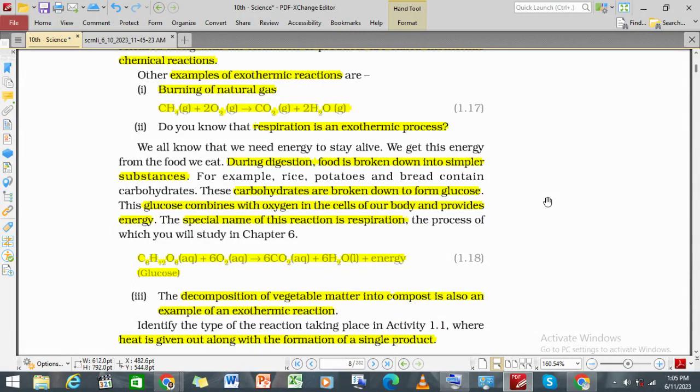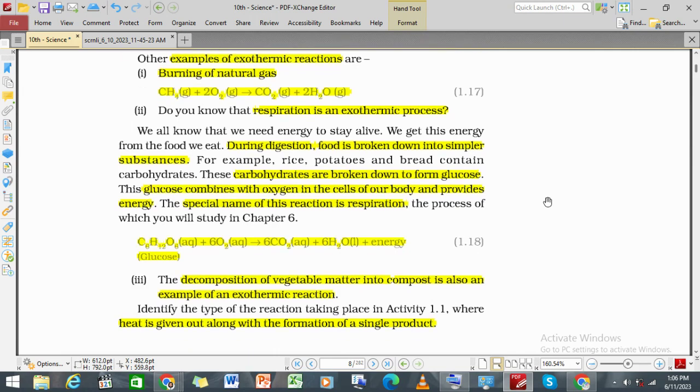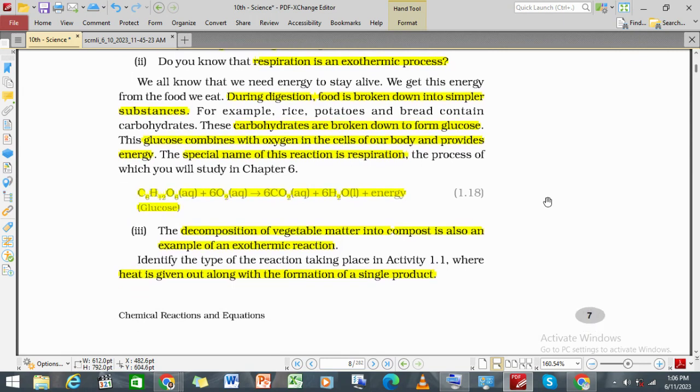Examples are the burning of natural gas, that is CH4 plus 2O2 gives CO2 plus 2H2O. Burning of natural gas is an exothermic reaction. Respiration is also an exothermic reaction. How? During digestion, food is broken down into simpler substances, and the carbohydrates are broken down to form glucose.